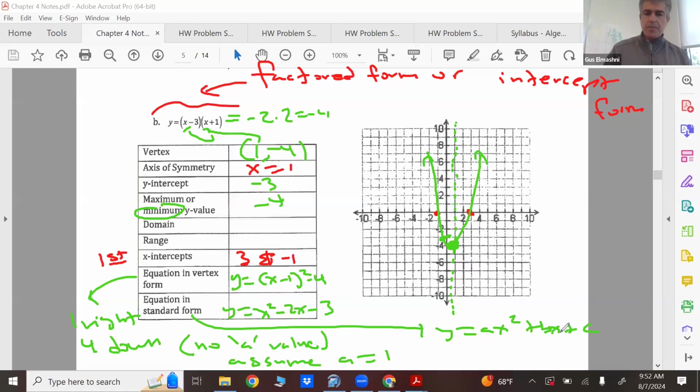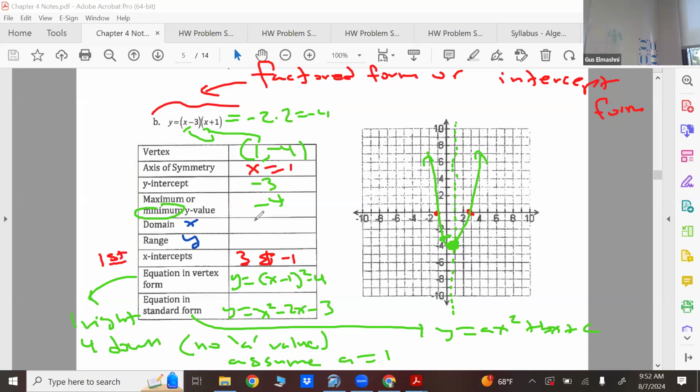Okay. Now let's talk about domain and range. Domain is for x, range is for y. What are the valid x values here? Are there any x values that I can't use, or can I use any x value I want? Can I plug whatever I want for x? Is there any need to restrict? Do I have a radical where I can square negative numbers?